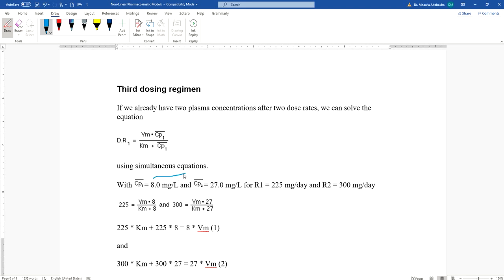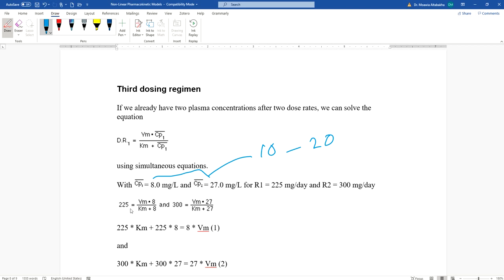Both of them are not acceptable, because I told you for phenytoin it should be from 10 to 20 milligram per liter. So obviously there is a problem with the Vm and Km. This individual patient that I'm dealing with is not having the same values as the average population.